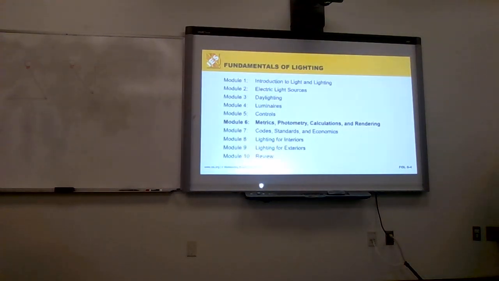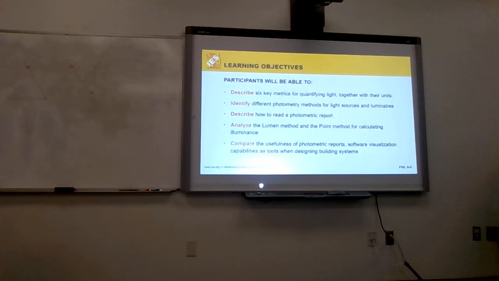So module 6 is called metrics, photometry, calculations, and rendering. And here are our objectives. We'll be able to describe 6 key metrics for quantifying light together with their units. I just gave you a preview of those metrics. Identify different photometry methods for light sources and luminaires.